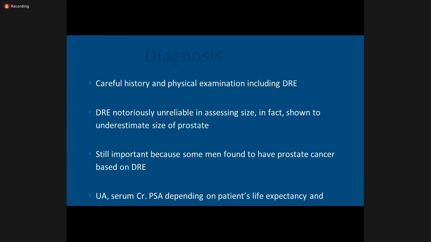But it is very important because it gives you a clue whether the surface is smooth or there is a nodule over there, or it's irregular. If it is irregular, then probably there is a prostate cancer.